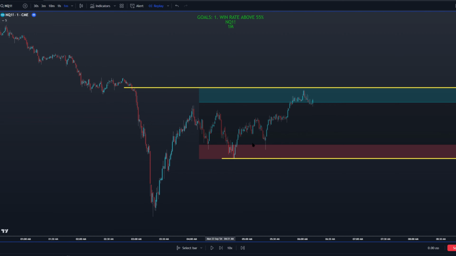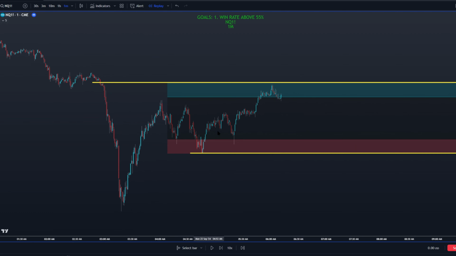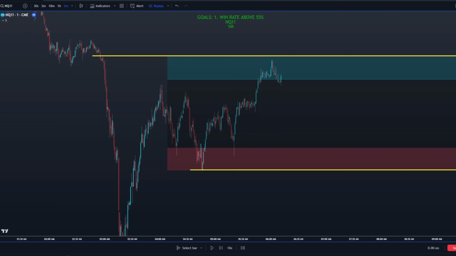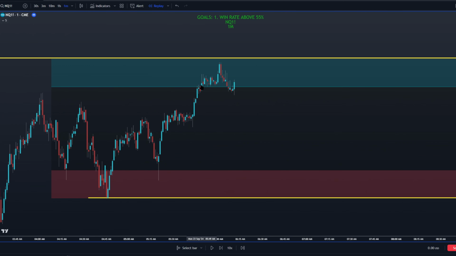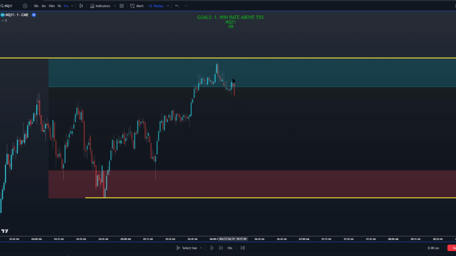So once we have our price leg here, now you can use a couple of different ways of identifying where price has stopped trending. I would use just market structure. You have a higher low, a higher high, a lower low, and then now you have a lower high followed by a lower low.